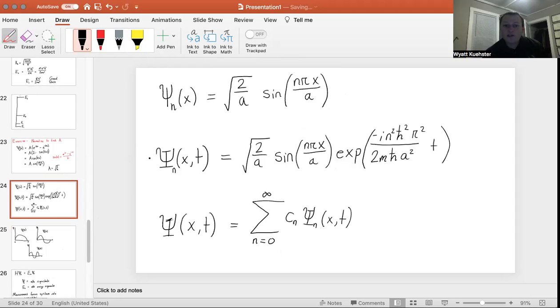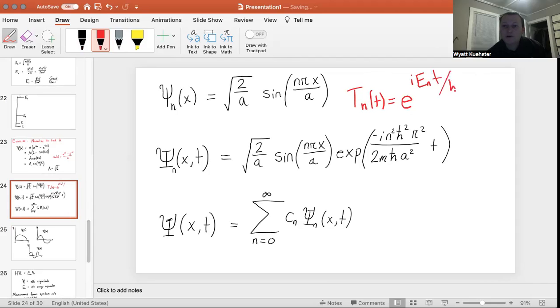If I want the time-dependent solution, all I have to do is tack on this time-dependent factor, T of t. Since this depends on n as well, Tn of t equals e to the minus i En t over h bar, where En is the nth energy eigenvalue.